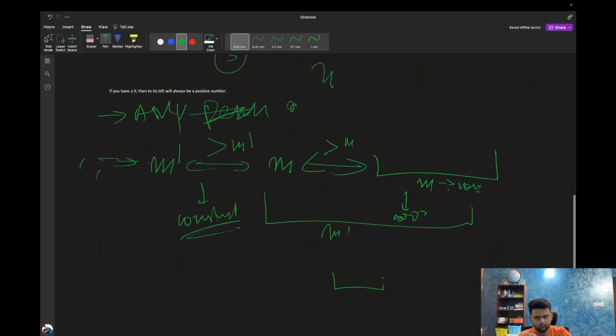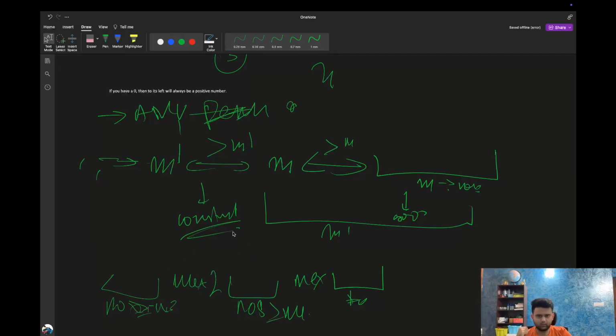So you have nos, max, nos can equal to max 2, nos can equal to max 3. Perfect.